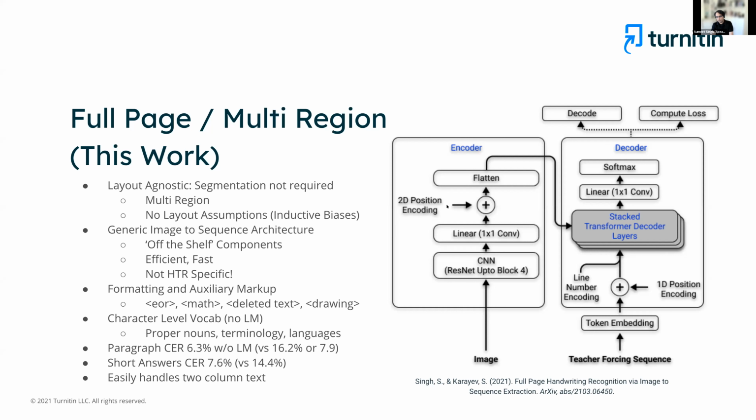Some normal things we did were adding 2D position encoding, and there's line number encoding, which is optional. You can actually omit that in your model, and it should work almost as well. Then we have local attention inside the transformer layers themselves. Usually, a transformer has global attention. We have localized attention.